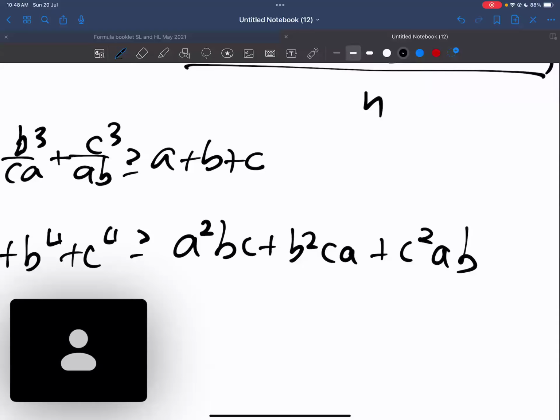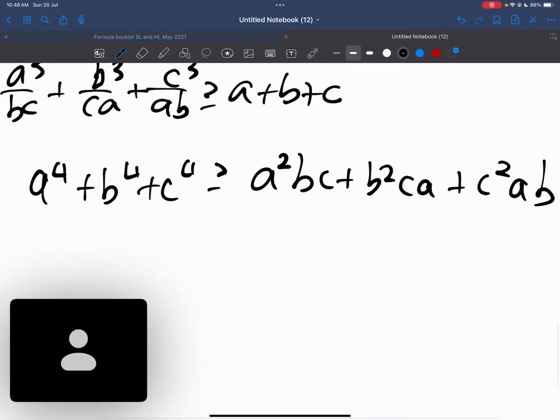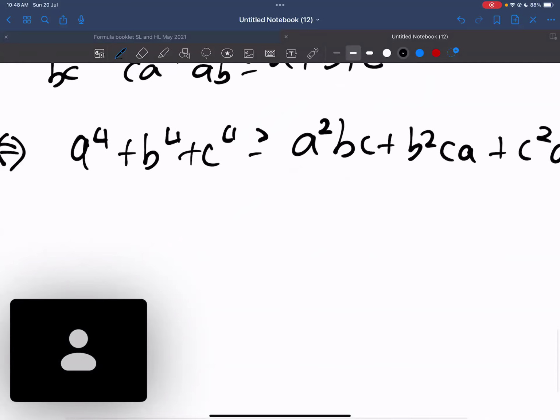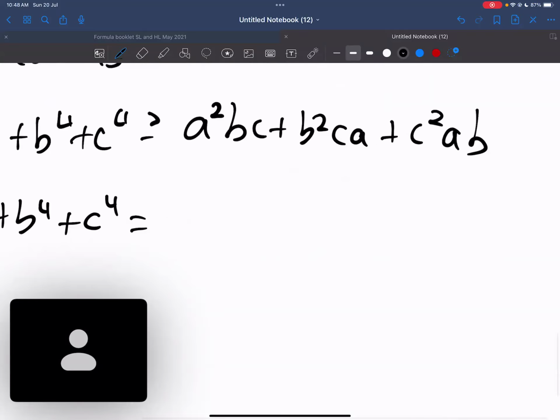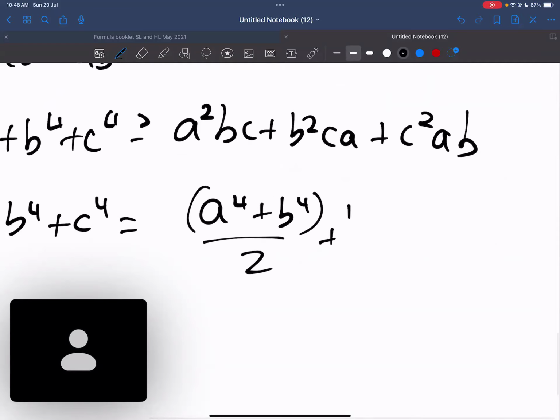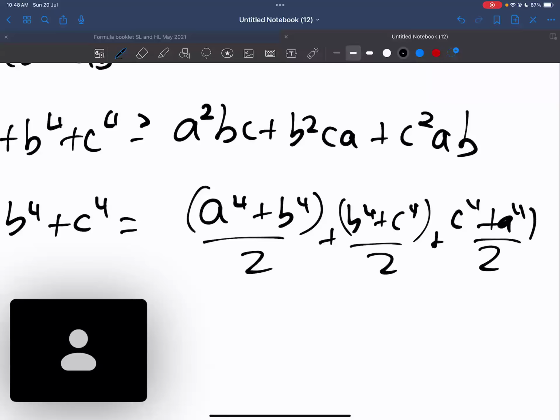Okay. And then one thing we're going to note is that a to the power 4 plus b to the power 4 plus c to the power 4 is the same as a to the power 4 plus b to the power 4 divided by 2, plus b to the power 4 plus c to the power 4 divided by 2, plus c to the power 4 plus a to the power 4 divided by 2.